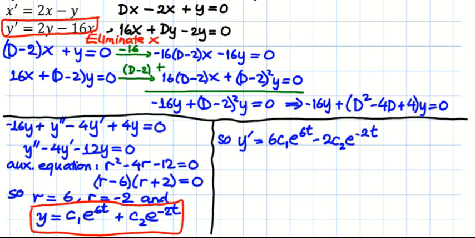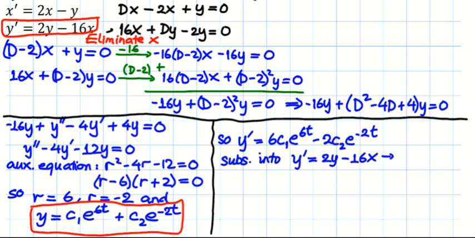Then we substitute into the equation in the box, y prime equal to 2y minus 16x. Let's solve for x here, and the substitution will be a lot easier.